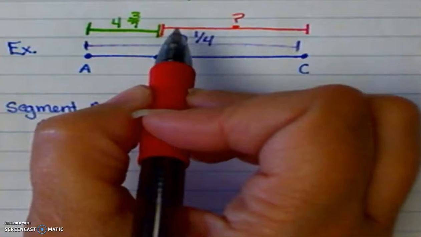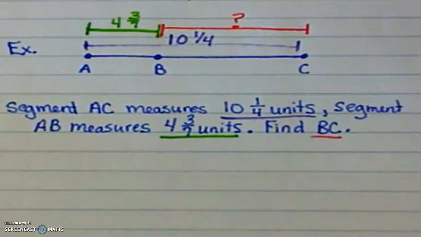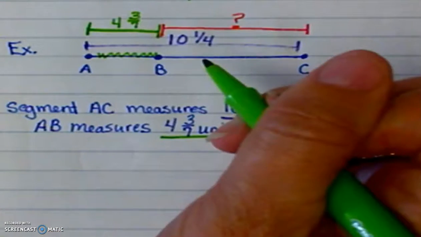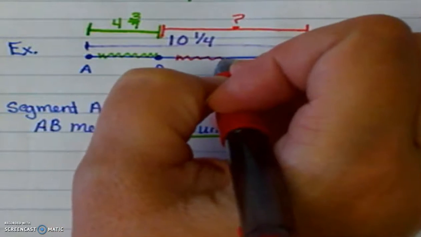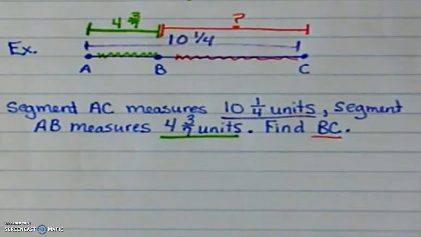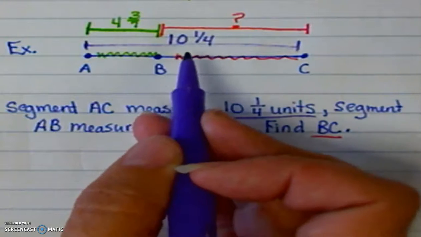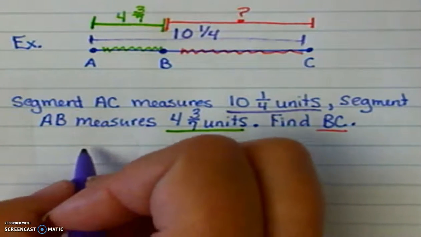If I look at the green and red, they are two pieces. I know that AB, this length right here, measures 4 3/7, and I want to know BC, but when I add the two together, I get this length of 10 1/4 units. So if I want to find a part, I'm going to have to use subtraction.